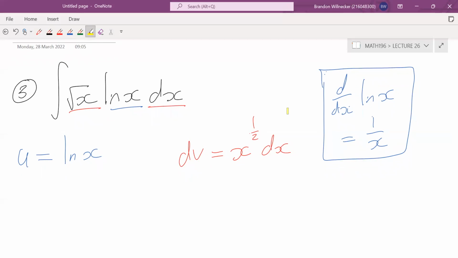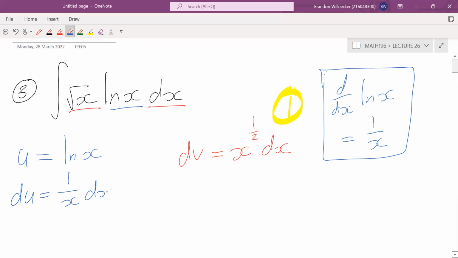Okay, so that's step 1, to do the choosing. Then we need to find du and v. So du is going to be 1 over x dx. We need to find v, so we integrate both sides. So v is equal to, we add 1 to the exponent to make it 3 over 2.